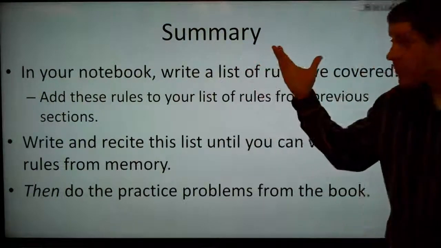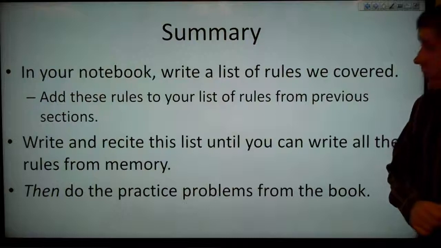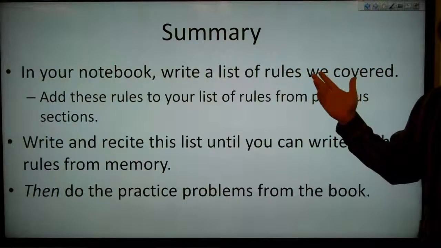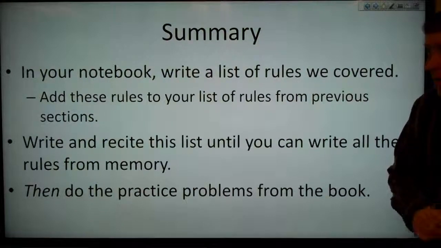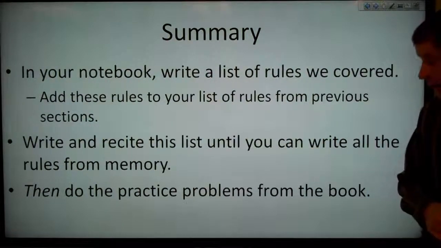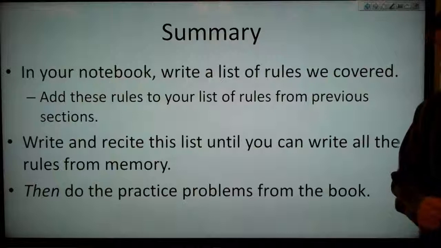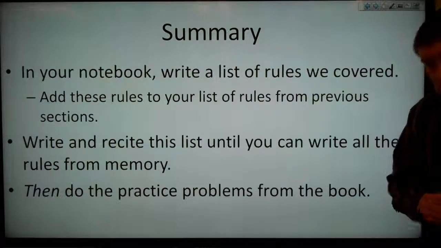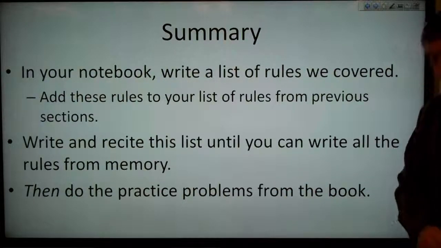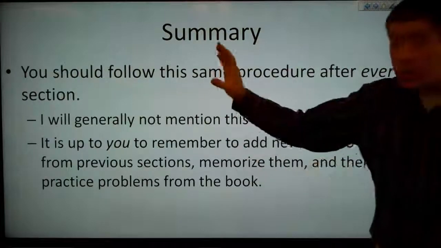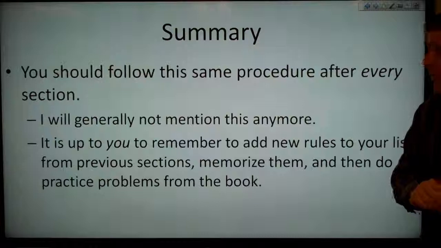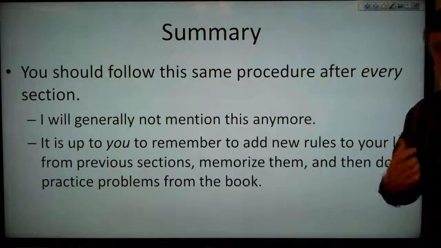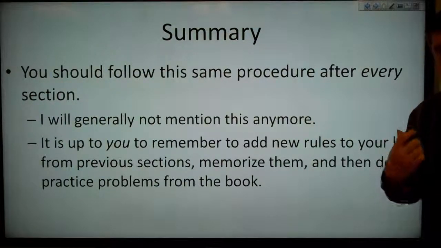So let's summarize. In your notebook, write a list of rules that we've covered in this section. Add these rules to your list of rules from previous sections. Then write and recite the entire list until you can write all of the rules from memory. And then, and only then, do the practice problems from the book. So you should follow the same procedure for summarizing each section after you've watched the video and read every single section.